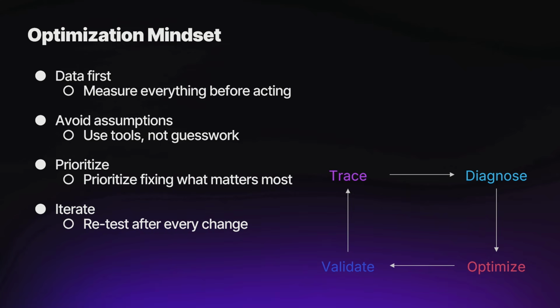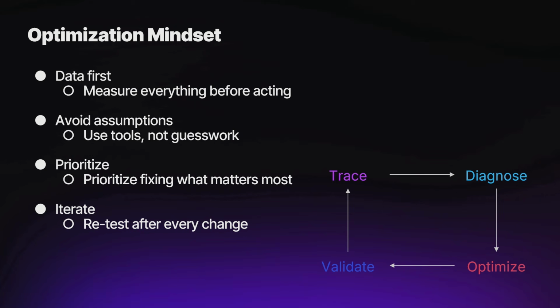When it comes to performance tuning, there are four key principles to keep in mind. First, always start with data. Don't guess. Measure. Second, avoid assumptions. Trust your tools instead of gut feeling.